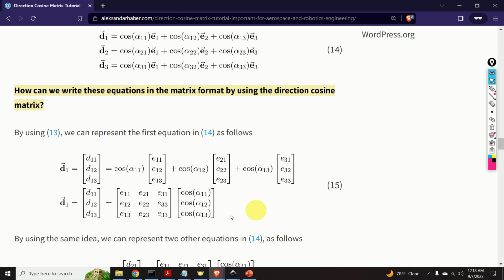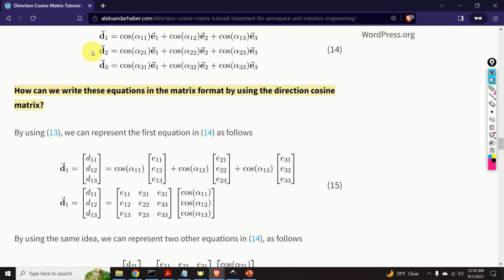Now, it's easy to show that this vector equation can be represented as a multiplication of this matrix with this vector, where this matrix is formed by taking the unit vectors E1, E2, and E3 and stacking them next to each other. That is, stacking them as columns.